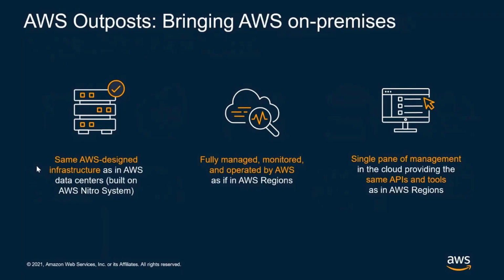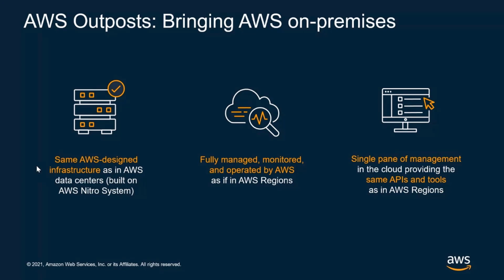And so really that's what Outpost does. Outpost is the same AWS developed infrastructure as in AWS data centers, built on a foundational system called Nitro, which has very strong security capabilities and implications that David's going to go into more detail on. It's a fully managed service as well, fully managed, monitored, and operated by AWS as if it was in an AWS region.